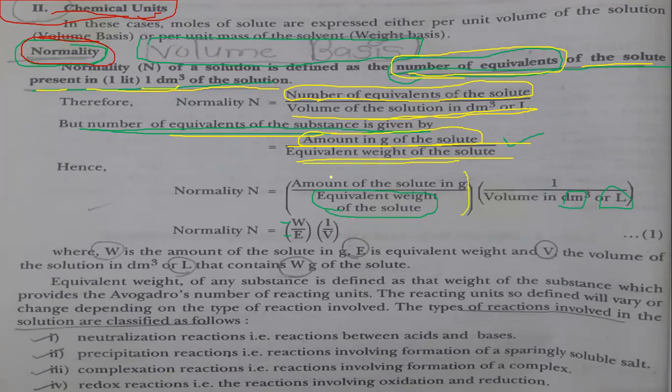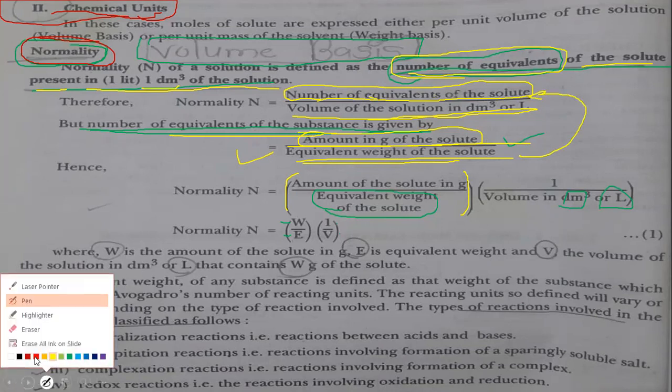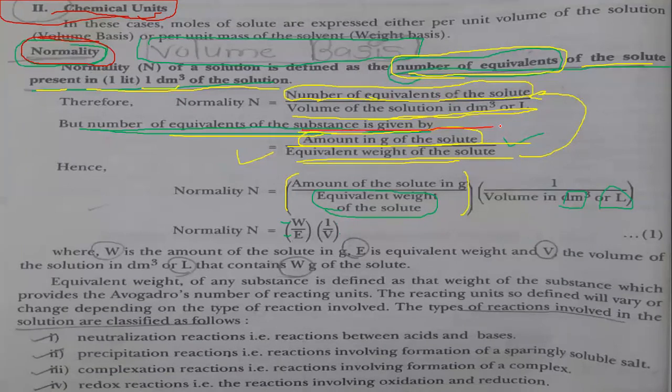Now put this in the above equation where it is at this place. So this is the number of equivalents of solute, and this is the formula for it.